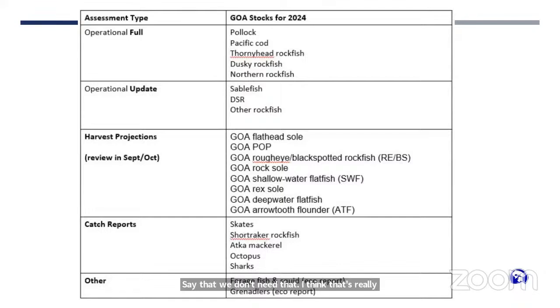And just for my understanding and clarity, for these particular stocks, like we've said for the other stocks that we sort of dealt with last year, that there were no conservation concerns, so we kind of held off on changes to the apportionment. For these particular stocks, there are not conservation concerns either in terms of the area apportionment. Is that correct?